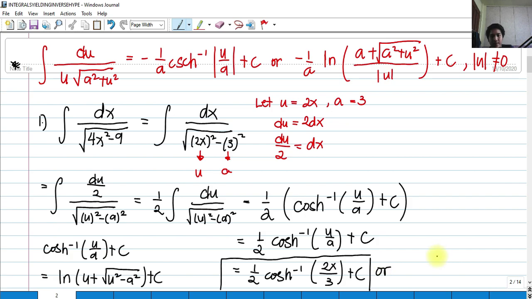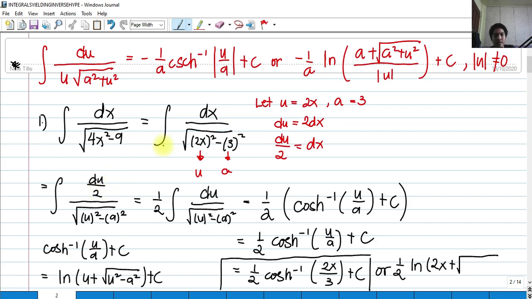So we can also express this in its natural logarithm. I'll copy the 1/2, because the inverse hyperbolic cosine has an equivalent. That is 1/2 ln, applying this formula, of u, where u is 2x, plus the square root of u squared minus a squared.